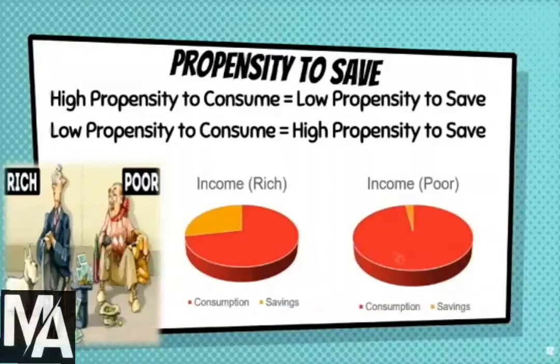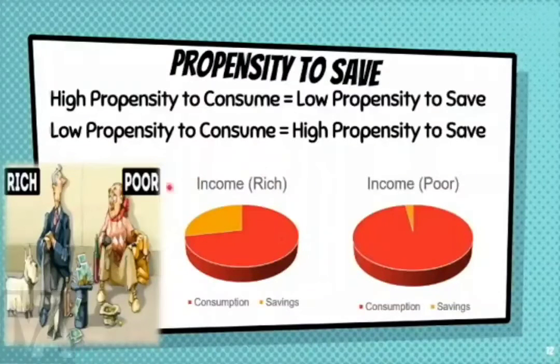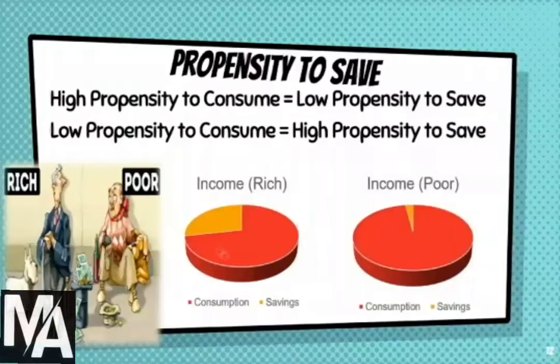So high propensity to consume is equal to low propensity to save in poor people because they have very little quantity of income. There is very little savings. Whereas if you see here, rich people have a huge quantity of income. For them, there is no need to consume the entire income. There is a low rate of consumption here, which means there is a higher propensity to save.